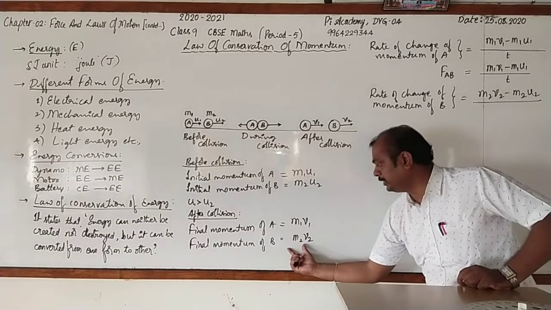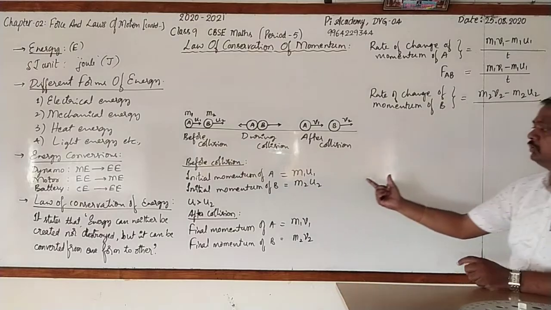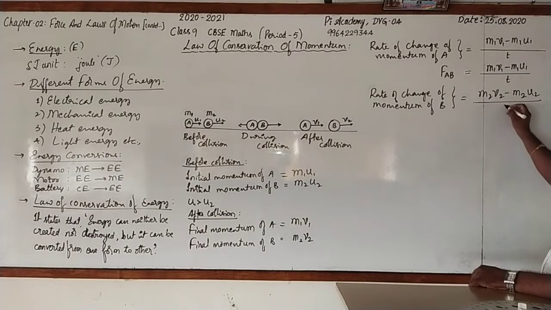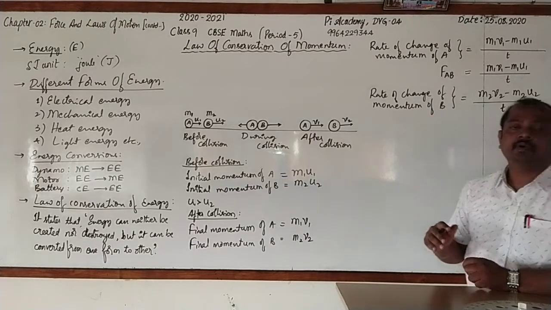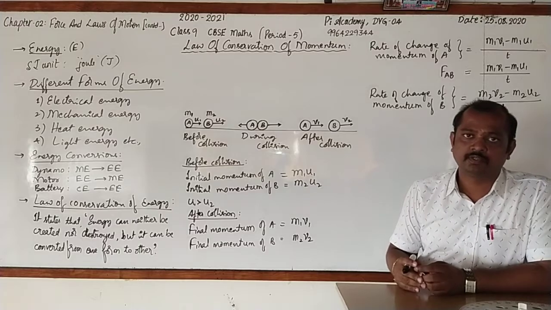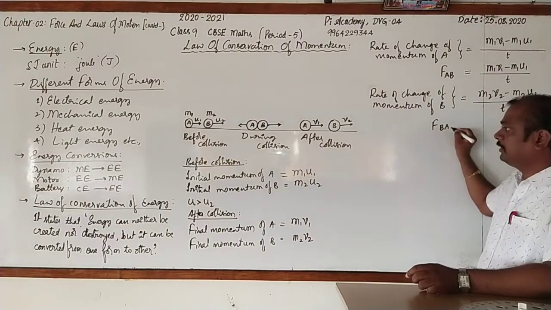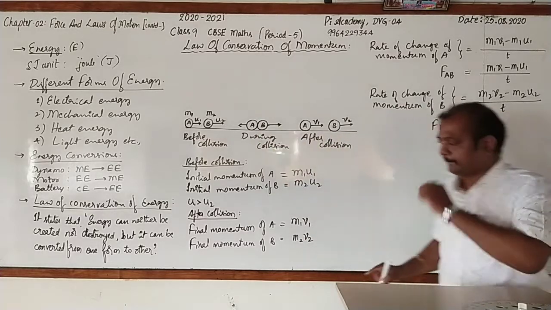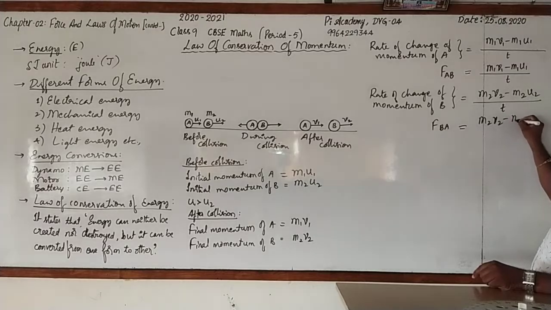Final momentum of B is m2 v2, initial momentum of B is m2 u2, divided by t. Rate of change of momentum of a body is directly proportional to the applied unbalanced force. So we can write it is the force exerted by B on A. It is equal to m2 v2 minus m2 u2 divided by t.